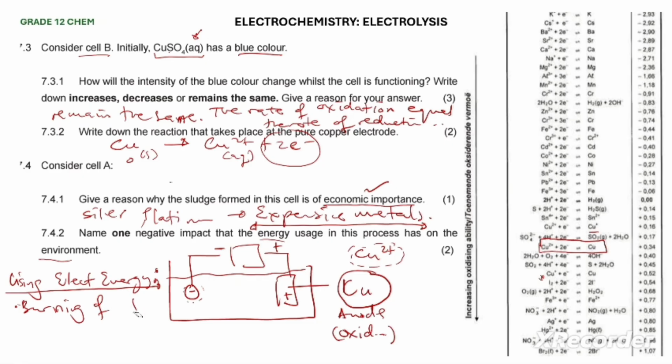All right, coal. That's one way to think about it, which is not really good for our environment in terms of pollution. Also, we are consuming a lot of this electrical energy, like I said, and then that means we're burning a lot of coal, and that contributes to air pollution.